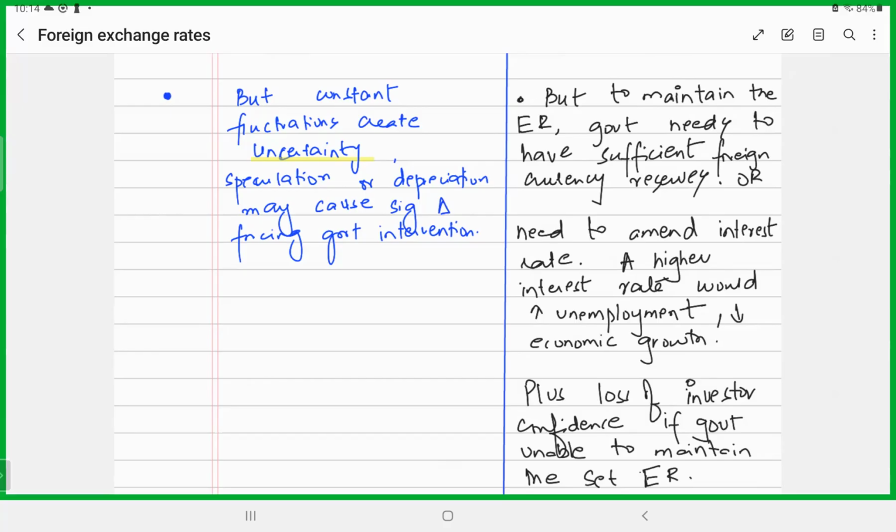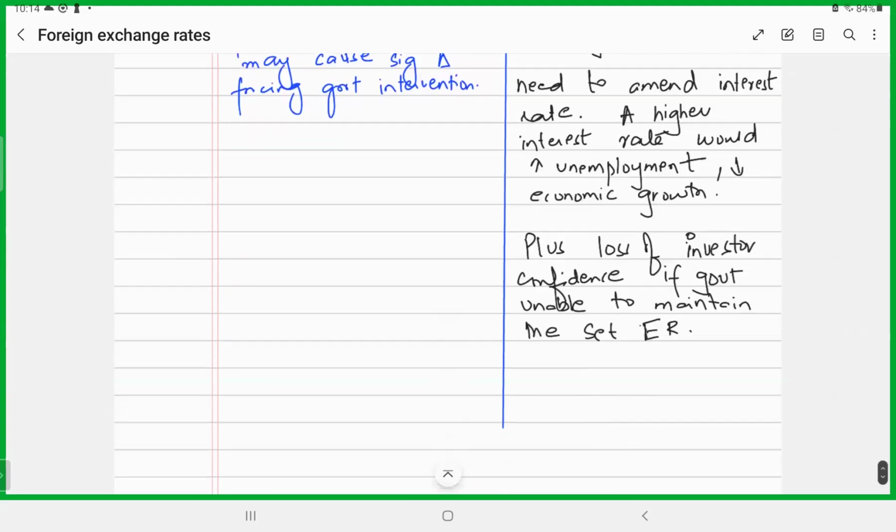And when they shrink their operations, unemployment will rise. And when unemployment rises, economic growth falls. Aggregate demand falls. Plus, there would also be a loss of investor confidence because the government would be unable to maintain the set or the prescribed exchange rate.